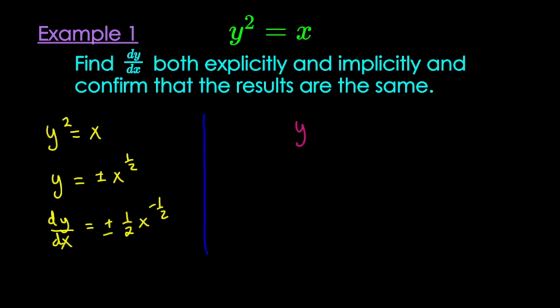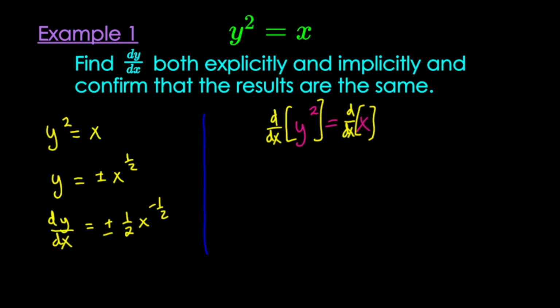So the point of implicit differentiation is to not have to isolate y. So we'll leave it as it is. If we take the derivative of both sides with respect to x, we'll put d/dx on each side. That's taking the derivative of both sides with respect to x. And in the last video, we learned how to do these little pieces.